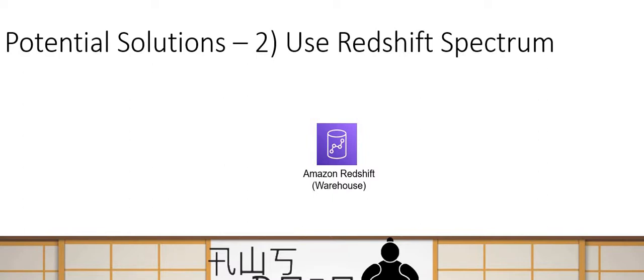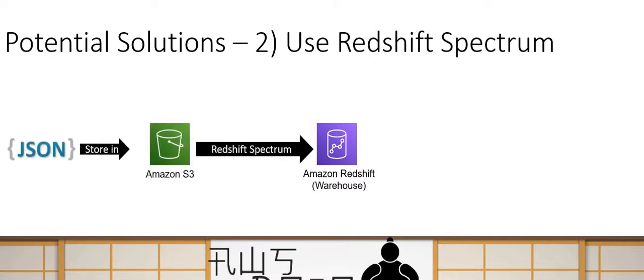But in very simple terms, one potential solution is that you bring your JSON document and put it into Amazon S3. So you're not bringing your data to Redshift; in fact, you're bringing the data to S3 and storing it as an object, as a file, in S3, and then using Redshift Spectrum to make that data available inside Redshift.